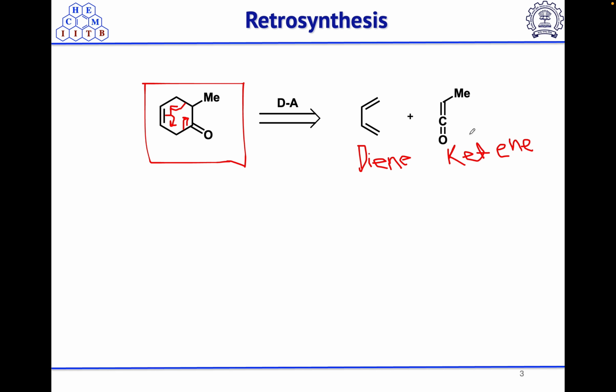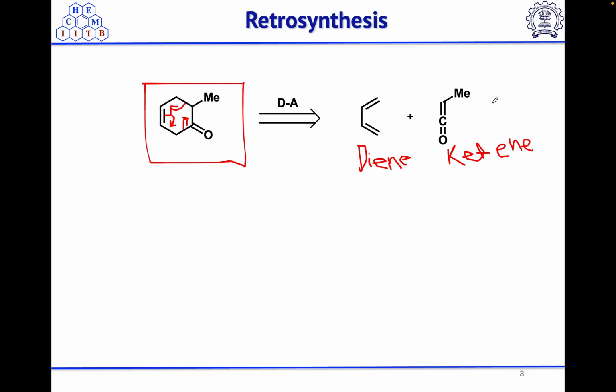Now the problem is that ketene will not undergo a Diels-Alder reaction. In the cycloaddition topic, I guess all of you know that ketene will not undergo 4+2 cycloaddition, rather it will undergo 2+2 cycloaddition.